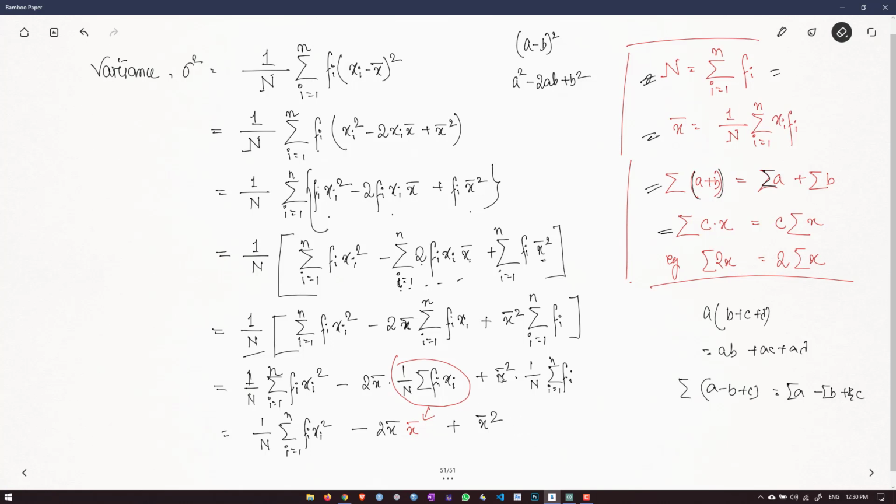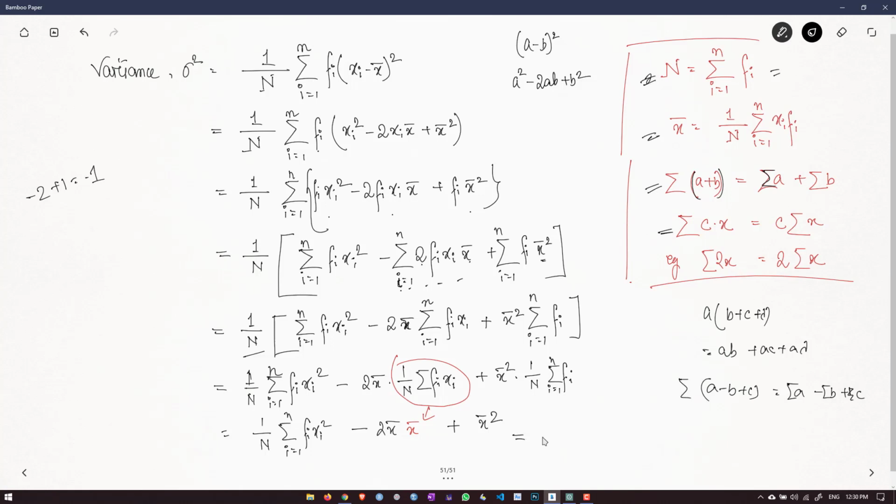So in the last line we got 1 by capital N summation fi xi square minus 2 times x bar into x bar plus x bar square. Now what is x bar into x bar? That is 2 times x bar square plus x bar square. So minus 2 plus 1, it will be minus 1.